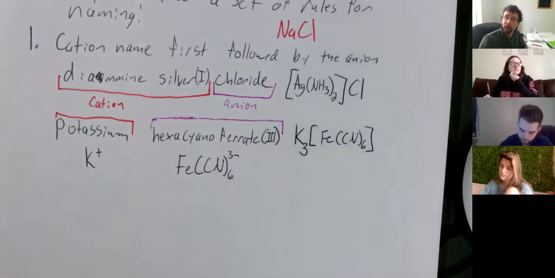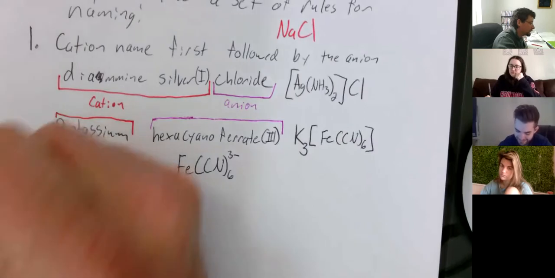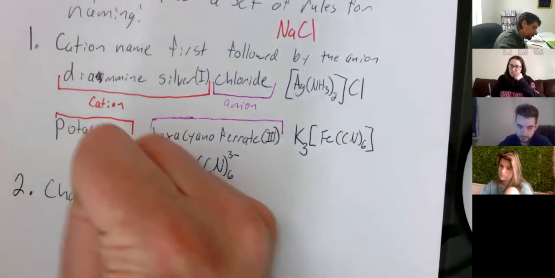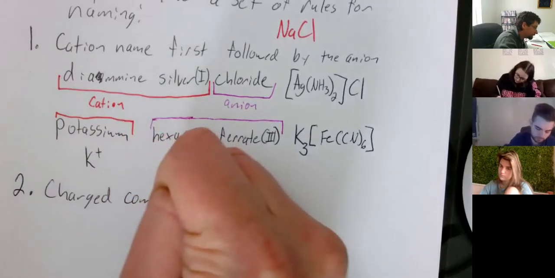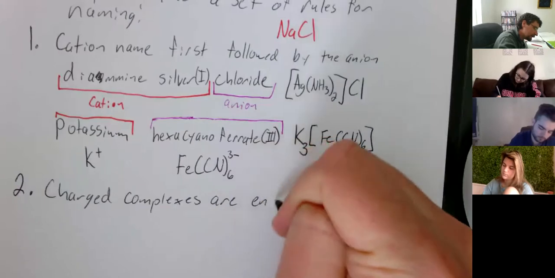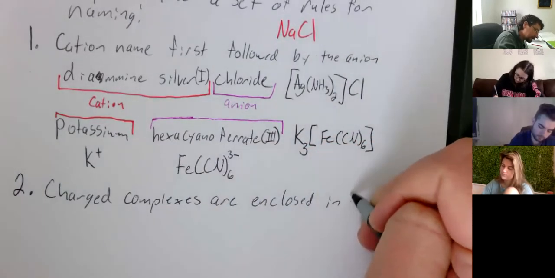Okay, we're going to keep going through examples, and it'll get better as we go along, I promise. Rule 2: charged complexes are enclosed in brackets.